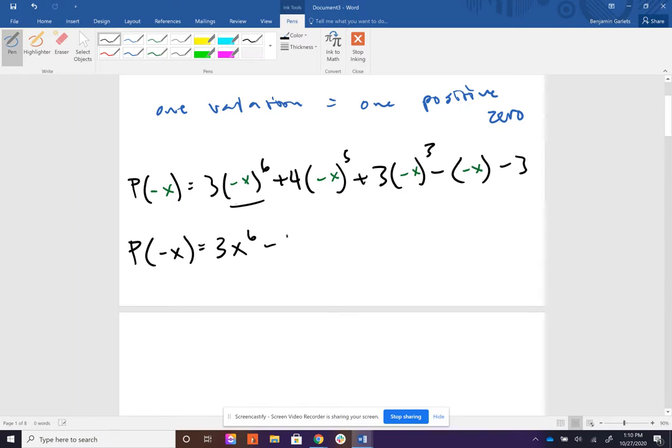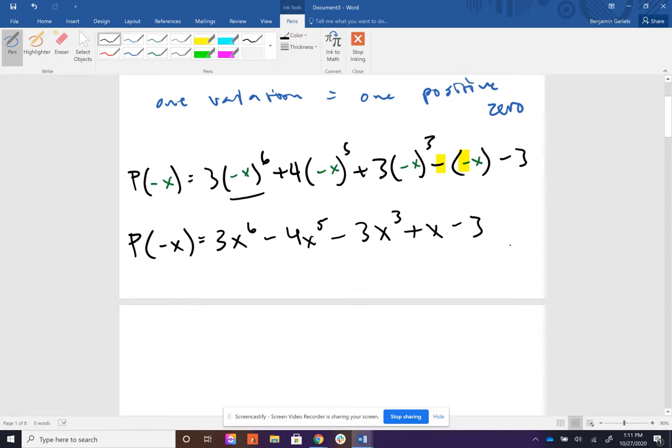So we're going to have a negative 4x to the fifth. That's going to occur here as well: negative times negative is a positive, times negative is a negative. And then here we've got positive, or negative times negative, which is positive, plus x minus 3. So now we've evaluated p of negative x.